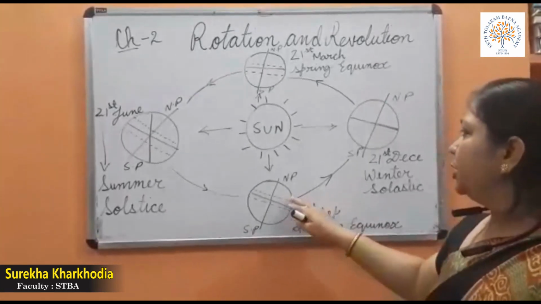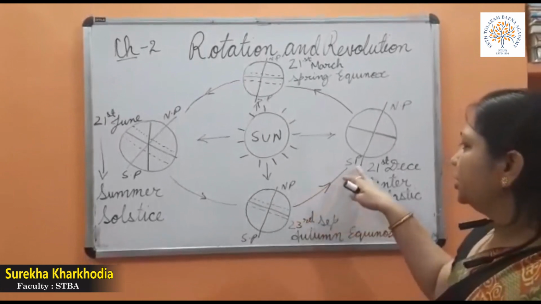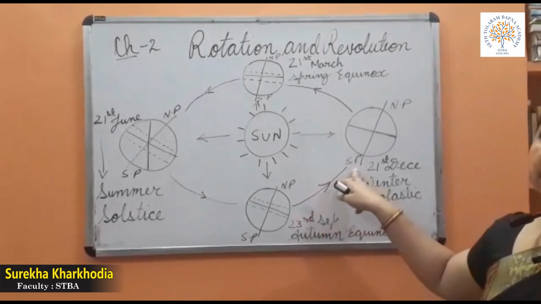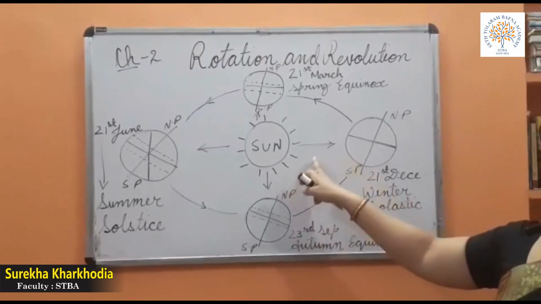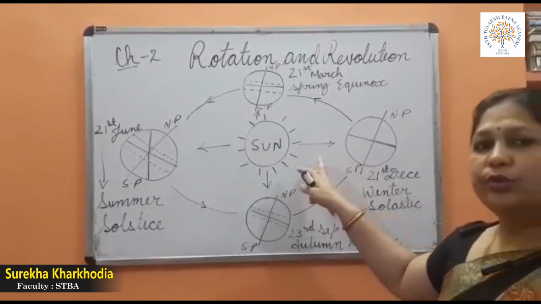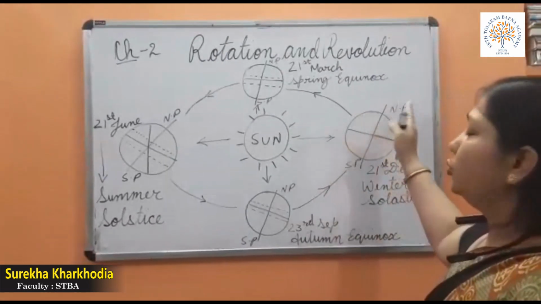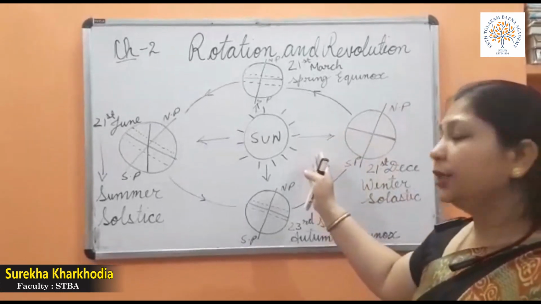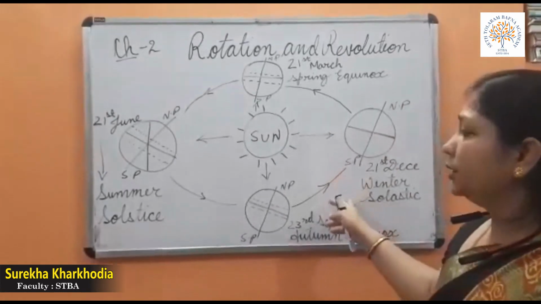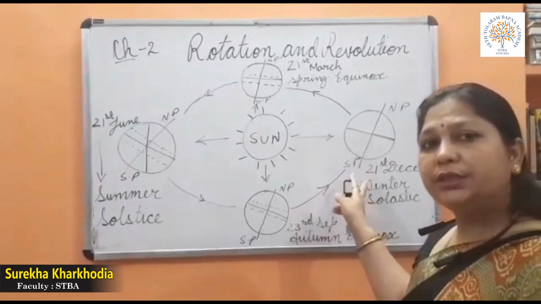But when the earth is again changing the position, then here the South Pole is getting closer. You can see here the North Pole has gone away and South Pole is near to the sun again. So here the season is changing now. It is a winter season.